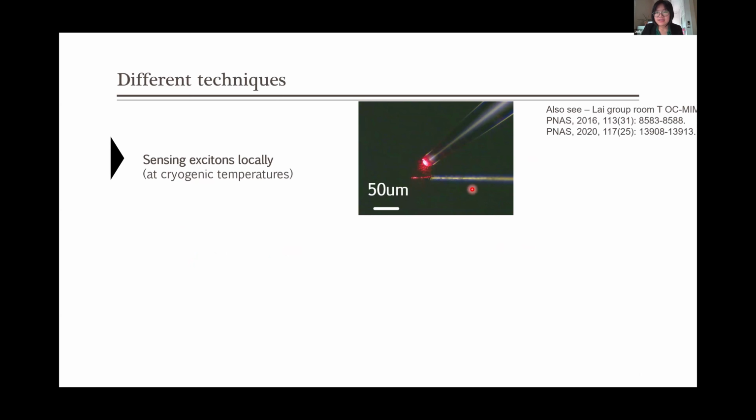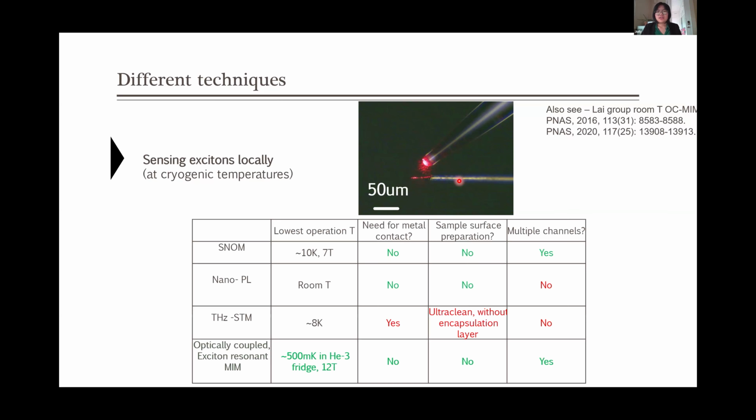And this is a metallic tip that sends in and also collects the reflected microwave. This technique allows us to now locally optically excite the material to form excitons. And after forming excitons, we locally use that metallic tip to sense how much conductivity change that exciton gives us.